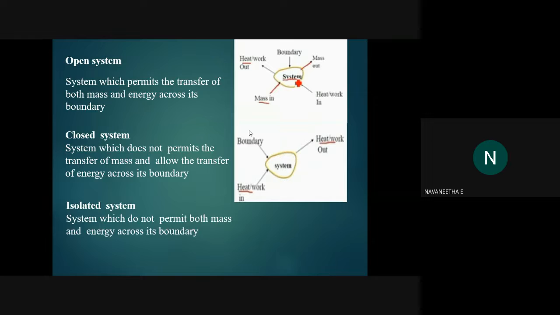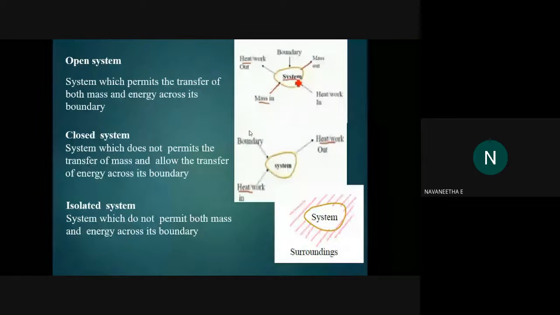Okay, what is the example for an isolated system? Flask, thermoflask. Okay, thermoflask. So just write down the types of system: open system, closed system, isolated system. Open system, transfer of mass and energy.